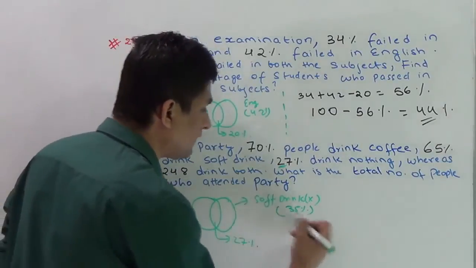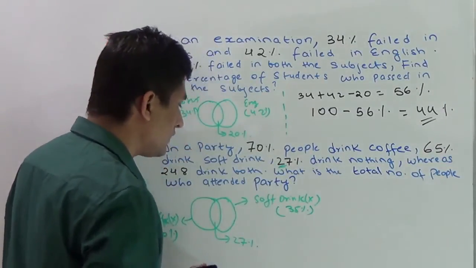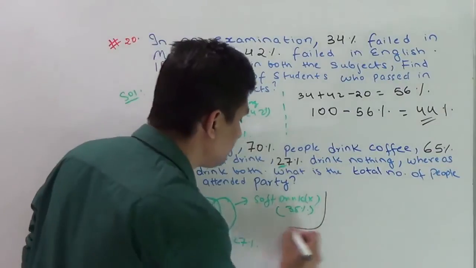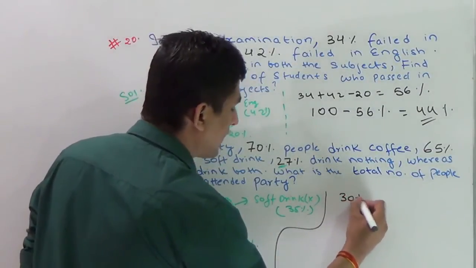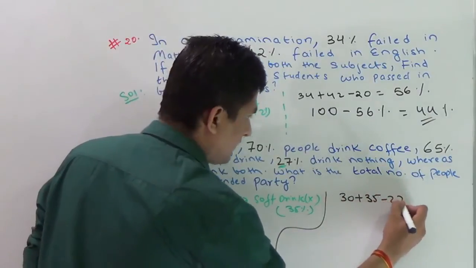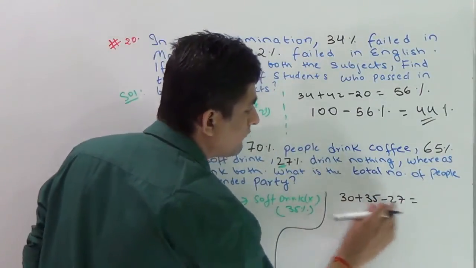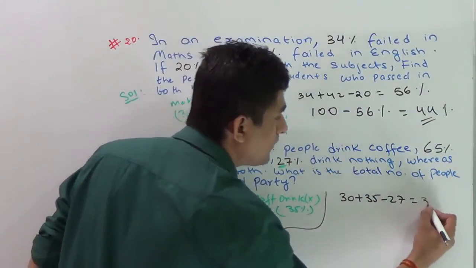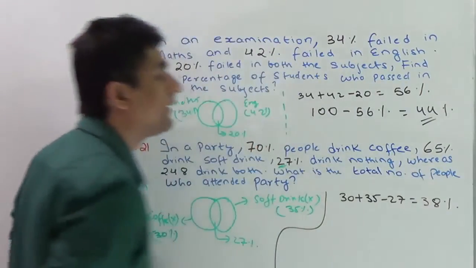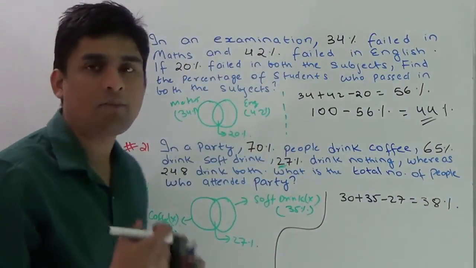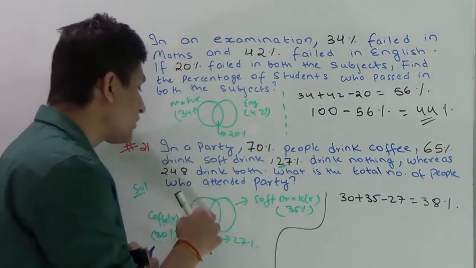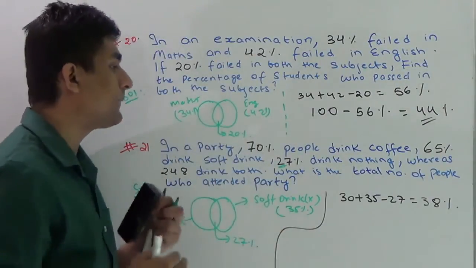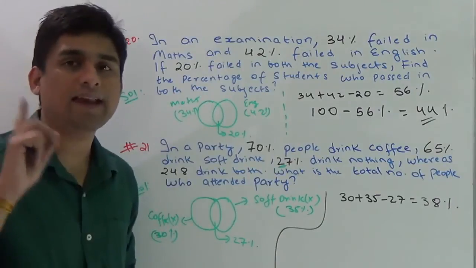So I'm calculating the value of that section. We have already learned how to calculate that section: 65 minus 27, which comes out to be 38%. That means 38% of the people do not drink coffee or do not drink soft drink. That means I have calculated the people who do not drink one of the two.